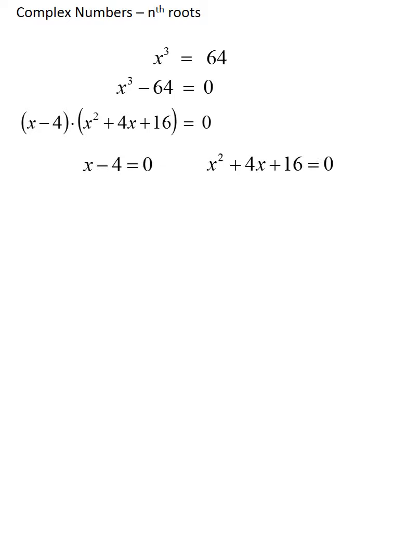And by setting each factor to 0 using the zero product property, the first answer they got was the obvious one that they already knew, which is that x would be 4. But from the second equation, the quadratic equation was used, and that led them to 2 more answers for a total of 3 answers. When they applied the quadratic formula, they got a negative under the radical.